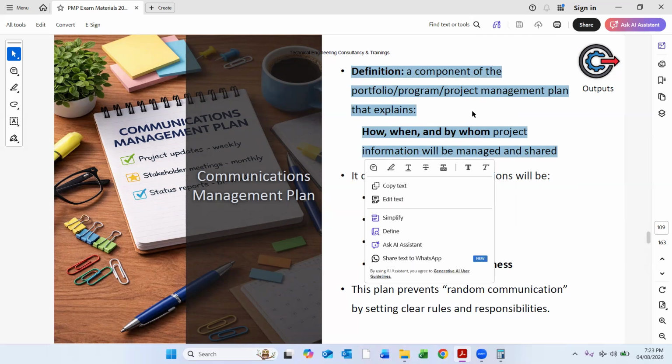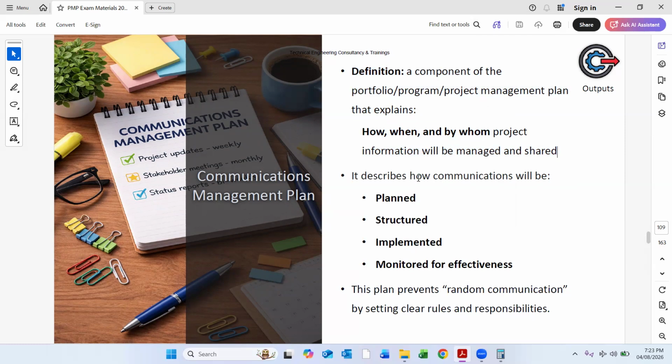In any project, program or portfolio, the plan of how, when, and to whom the information of the project should be shared is called a communication management plan. It describes how communications are planned, structured, implemented, and monitored for effectiveness. This plan prevents random communications by setting clear rules and understanding. So it will help us create clear rules and responsibilities.